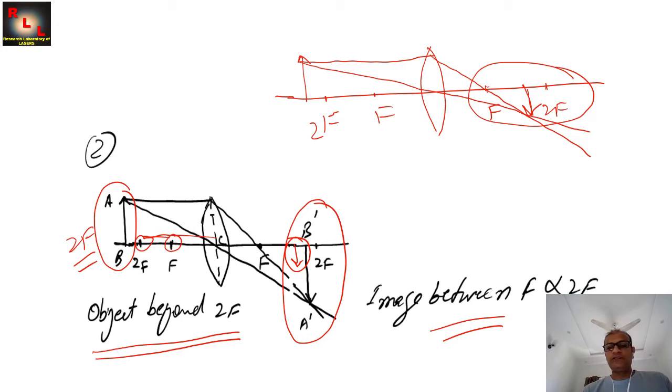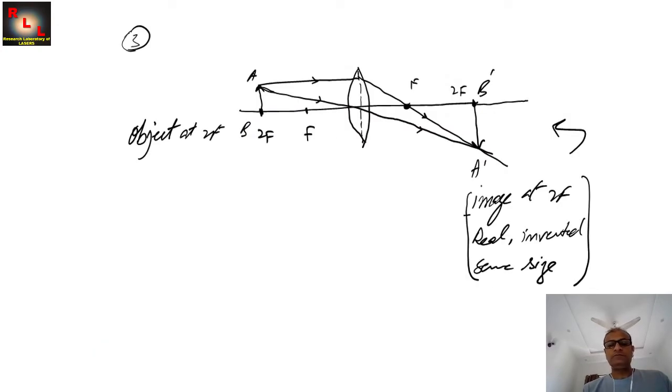Now let's move to the next one. What do you see here? Third case, the object at 2f.